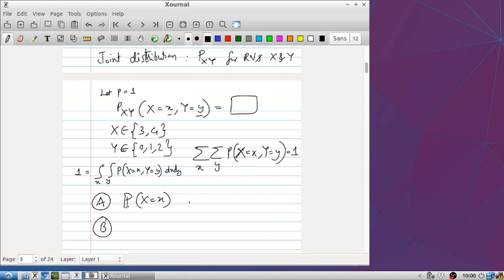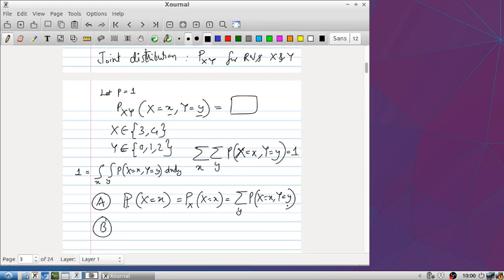Actually, this is the same as p of x is equal to x, and this is the same as summing over y of p of x is equal to x, y is equal to y. If I want to know the probability that x takes value x, but I have been given this joint distribution, then I just need to sum over all the values that y takes, so that I only need to know the probability that x takes a value x.